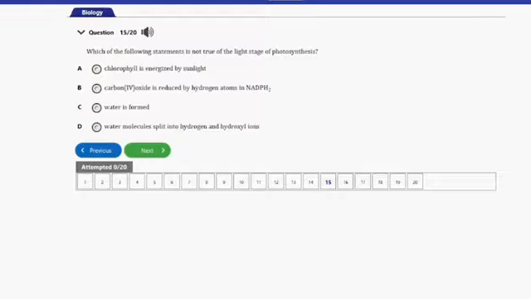D. Water molecules split into hydrogen and hydroxyl ions. So guys, the answer to this question is option B here, and that's carbon dioxide is reduced by hydrogen atoms in NADPH. So this is not correct for the light stage of photosynthesis, and this does not occur in the light stage of photosynthesis. So that's it for this question. Let's go ahead and consider the next question.